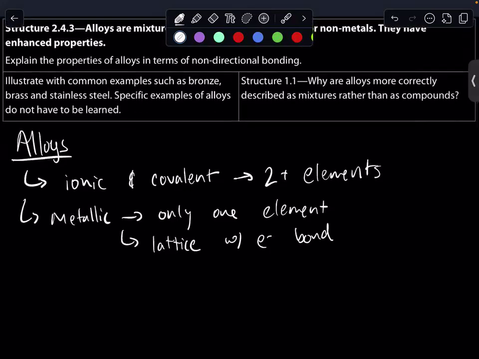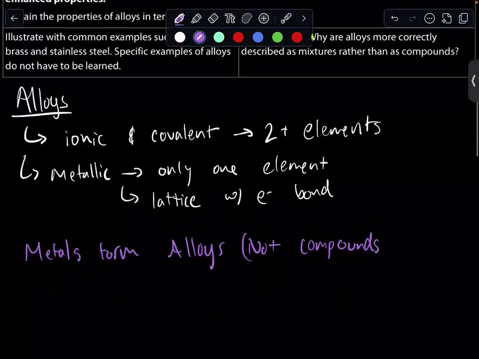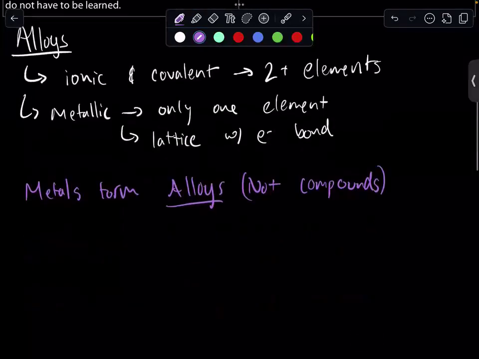So metals, they specifically form alloys. And specifically, these are not compounds. And we're going to talk about what that means in just a moment. But from what we know about compounds, it is not two things bonded together. Alloys instead are actually mixtures.